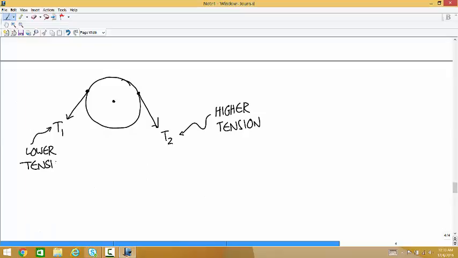Yes, very good. Her head is T1, the prince is applying T2.